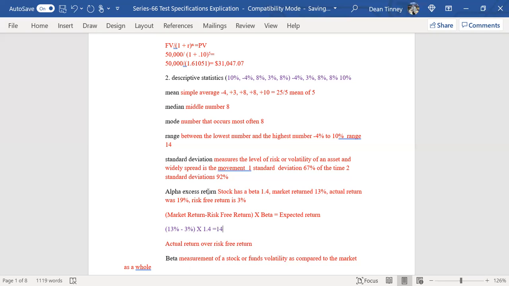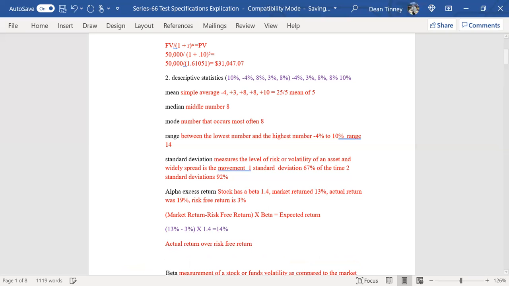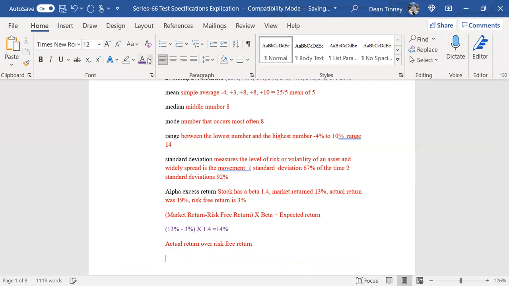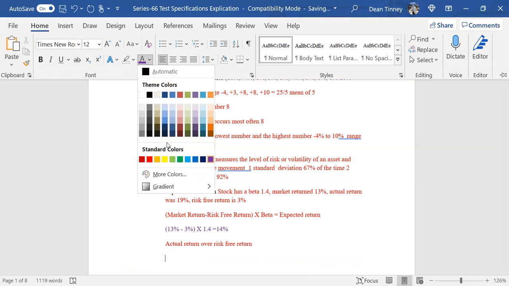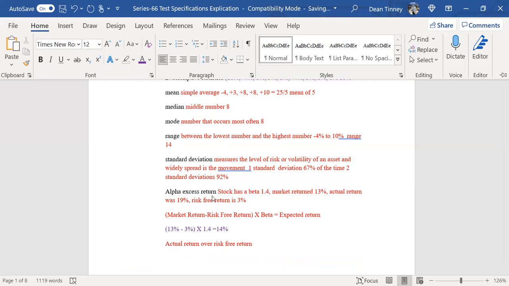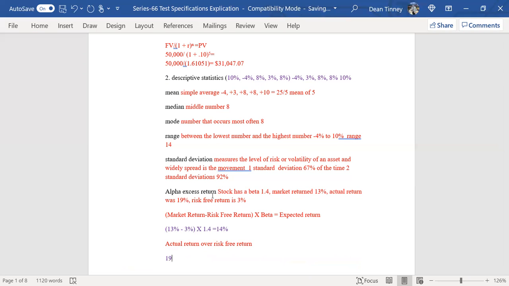So as your money manager, I might say, well, why are you going to pay me for that? Alpha would be what I can get in excess of that. So as you see here, we did 19%.